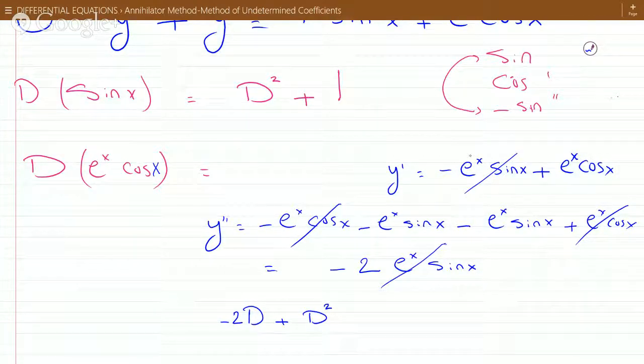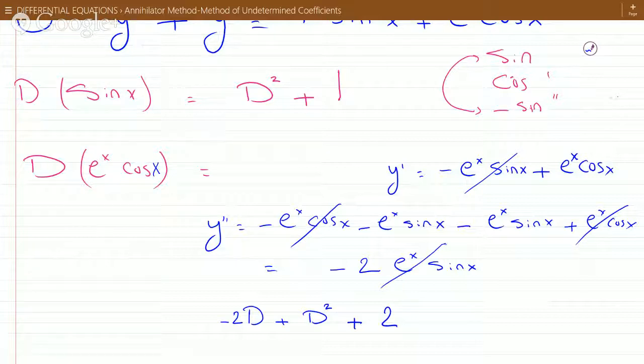But then you also have the cosine term: multiplying becomes negative 2 e to the x cosine x, so you'd have to multiply the original by 2, so plus 2. So this seems to annihilate e to the x cosine x.